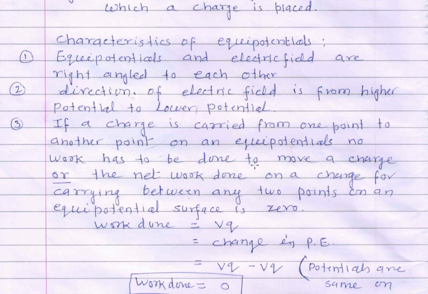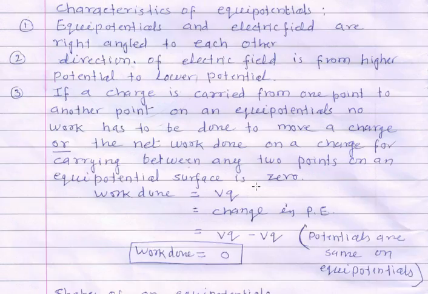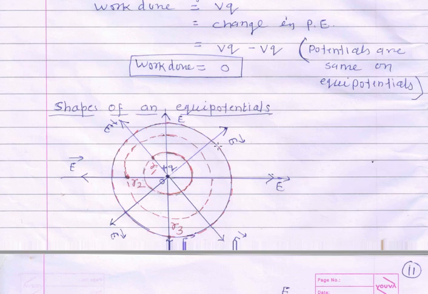Or in other words, the net work done on a charge for carrying it between any two points on an equipotential surface is 0. Why is it 0? Because they are all at the same potential. So no work must be done in carrying a charge from one place to another, right?